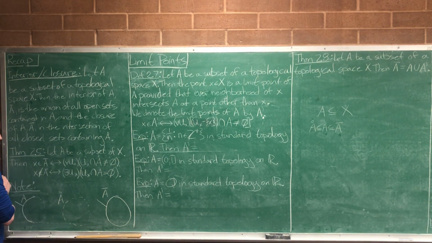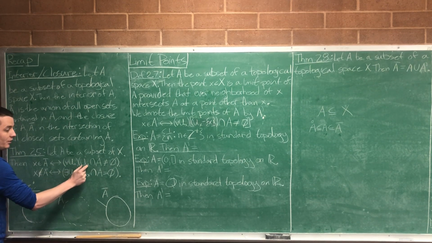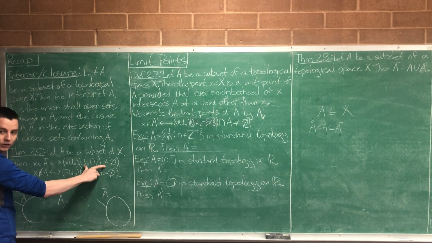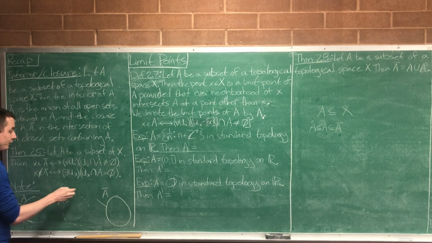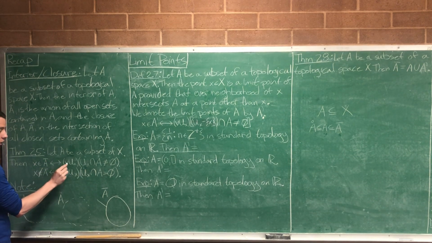So X is in the closure of A is logically equivalent to: for every neighborhood of X, that neighborhood intersects A. Their intersection is not empty; they have some point in common. X is in the closure of A if and only if every open set containing X intersects A at some point.